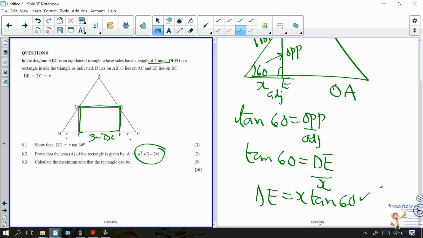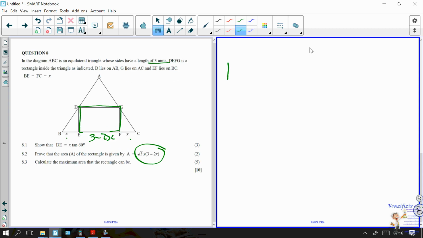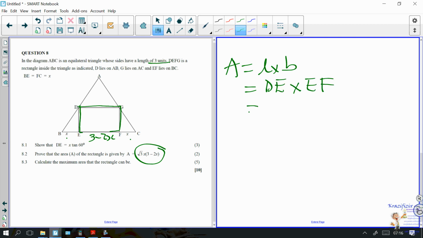All right. So area is length times breadth, which is DE multiplied by EF. By the way, our DE is x tan 60 multiplied by our EF, 3 minus 2x. What is tan 60?